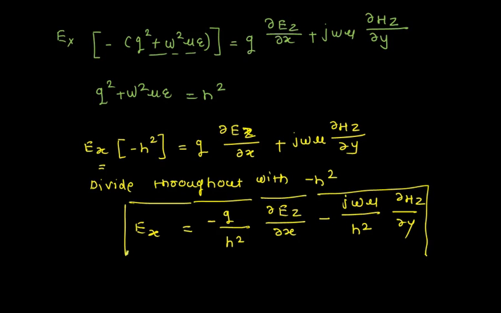Similarly, now you have put the hy component in equation number 1. Similarly, if you put the other component, that is the hx component, in your equation number 2, you will get the ey component. If you solve for that, the other equations will become as follows.